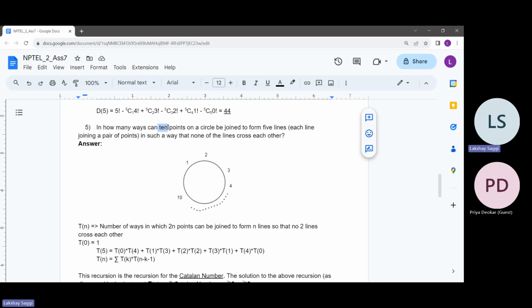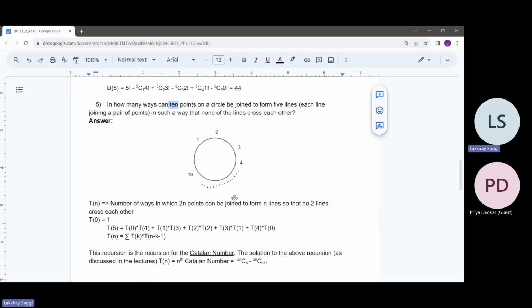This is the answer when we have 2n points. And in the question, we are given 10 points, so we'll just put in n equals 5. I hope this is clear, how I put n equals 5. Putting n equals 5, we get t of 5 equals 10 choose 5 minus 10 choose 6.